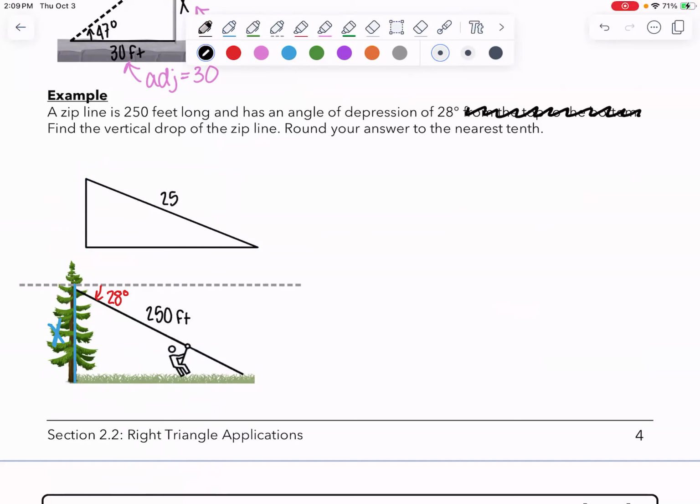So we have 250 and X. Now we don't really have either of these angles, and we have two options here.